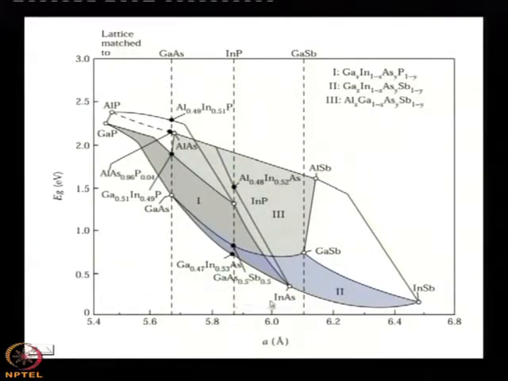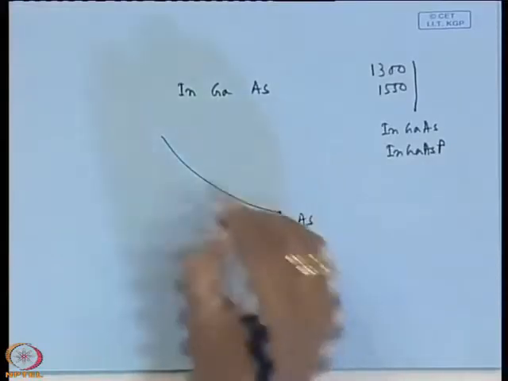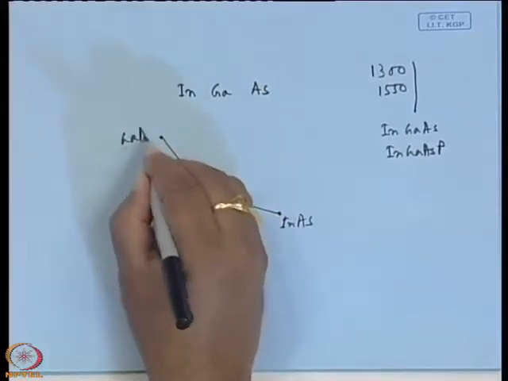So, that is a constraint that you have to choose proper substrate. Similarly, indium gallium arsenide, you see that here also you can vary the indium arsenide to gallium arsenide. This is the gallium arsenide point, that means if I draw, it looks like this, it is indium arsenide point, it is gallium arsenide.